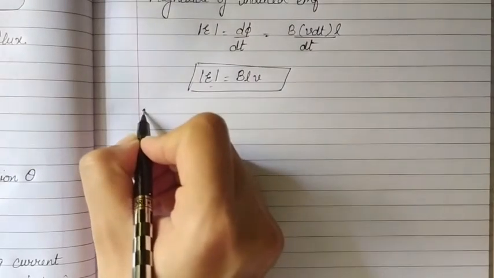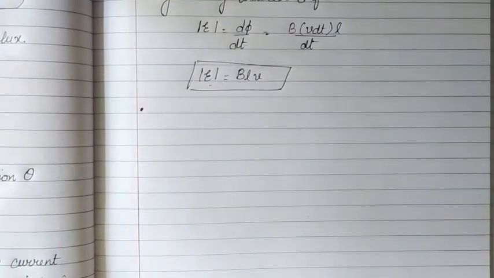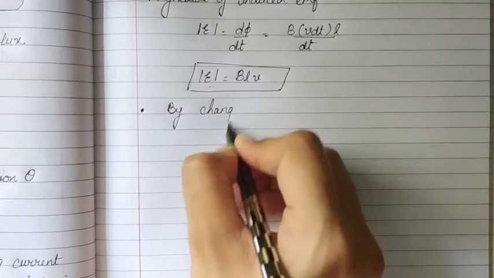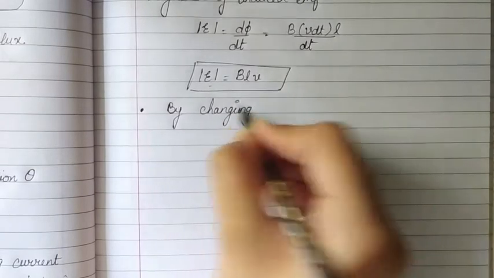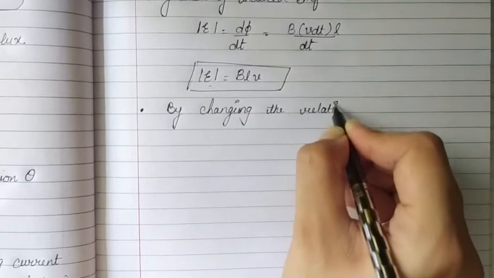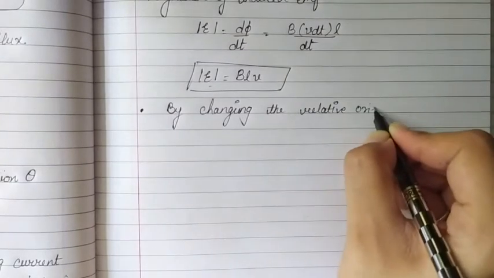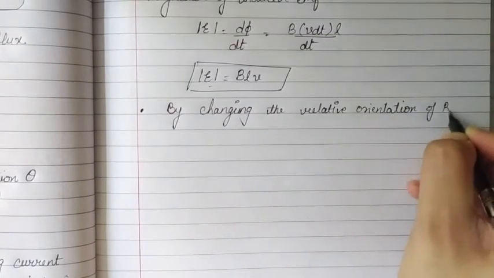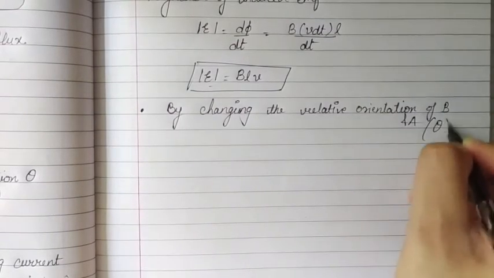The third case, or the process by which we can induce EMF, is by changing the relative orientation of B and A. That means we are going to change the angle theta.